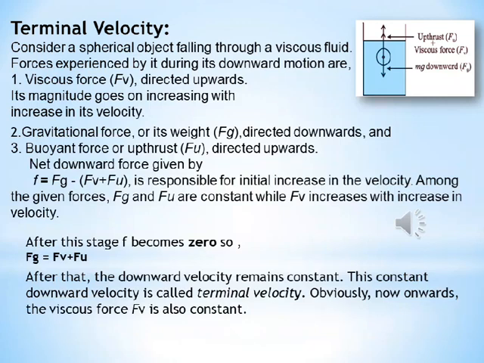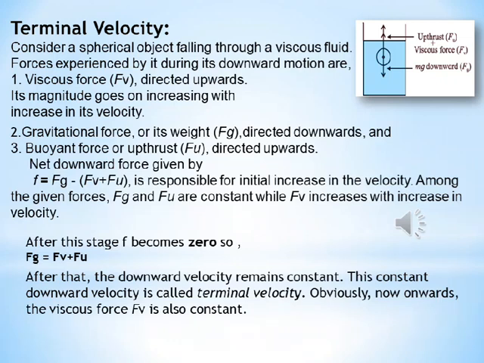The viscous force, directed upward, keeps changing from layer to layer. Fu, the upthrust, is also a constant term. So by considering this equation, we can say that Fv increases with the increase in velocity. But after that, when f is equal to 0, the downward velocity remains constant.